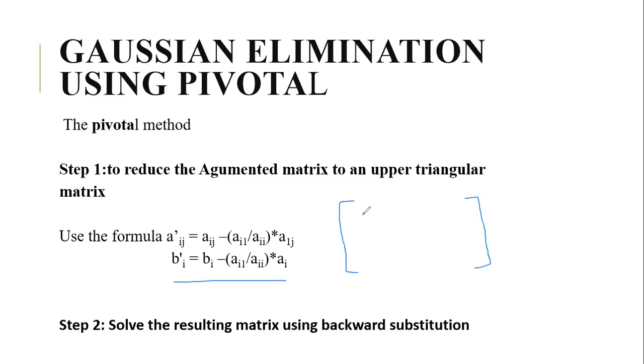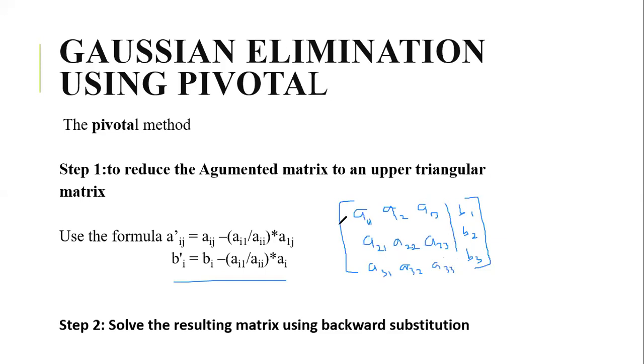If you have a matrix with A11, A12, A13, then B1 here, B2, B3, then A21, A22, A23, and finally the last row, A31, A32, and then A33.